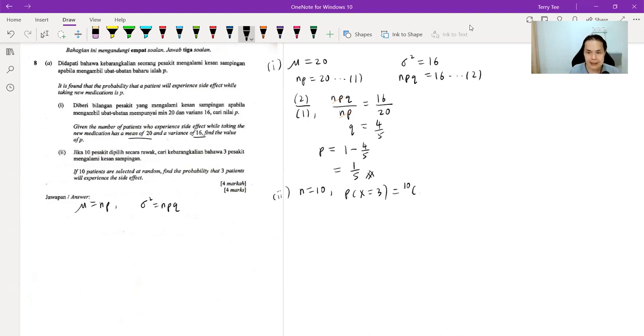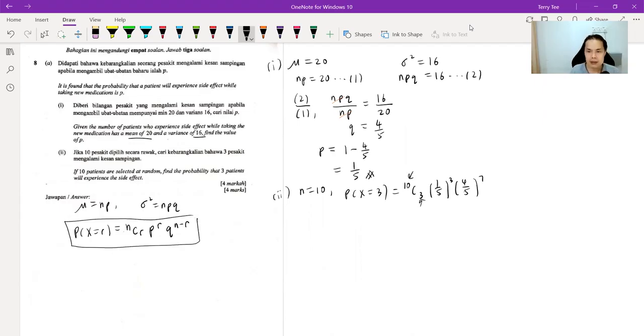I hope you remember the formula, let me write it over here. P(X equals R) for binomial is NCR times P power R times Q power N minus R. So if your N is 10, N minus R will be 7. Your P is 1 over 5 and your Q is 4 over 5.